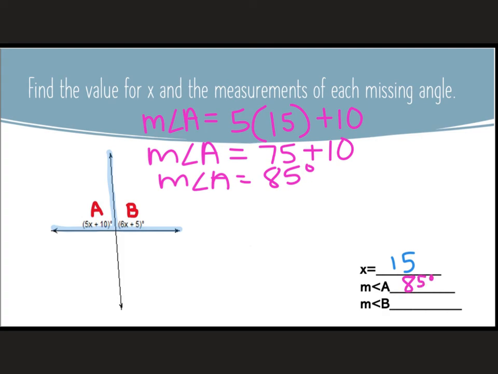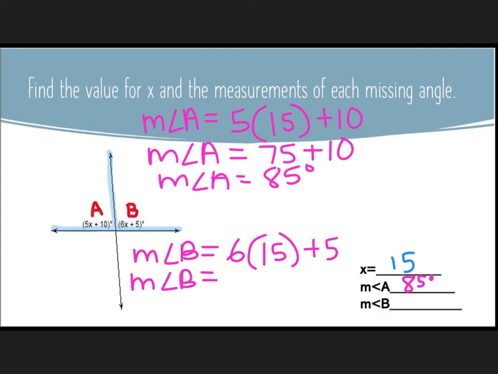We're going to do the same thing for the measure of angle B. Measure of angle B was 6 times your x, which we'll substitute in 15, plus 5. Multiply first. So 6 times 15 is 90. 90 plus 5 tells me the measure of angle B should be 95 degrees.